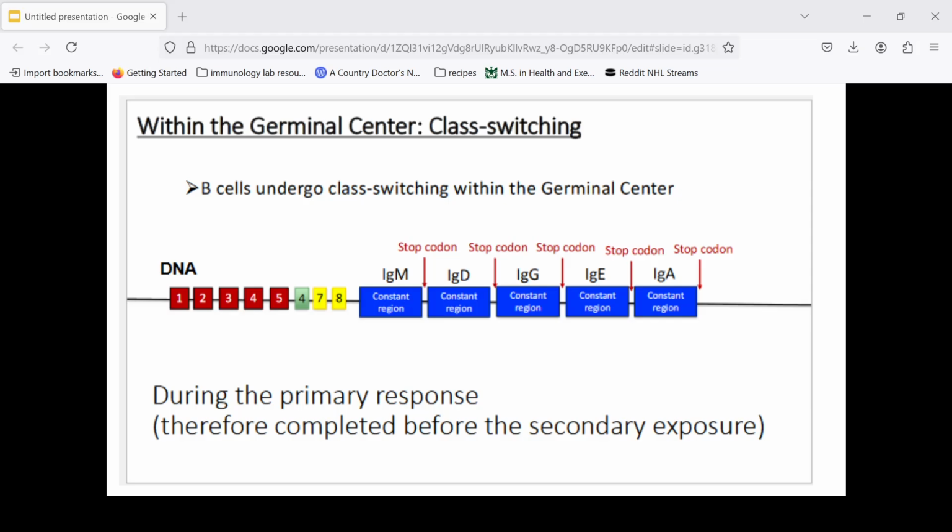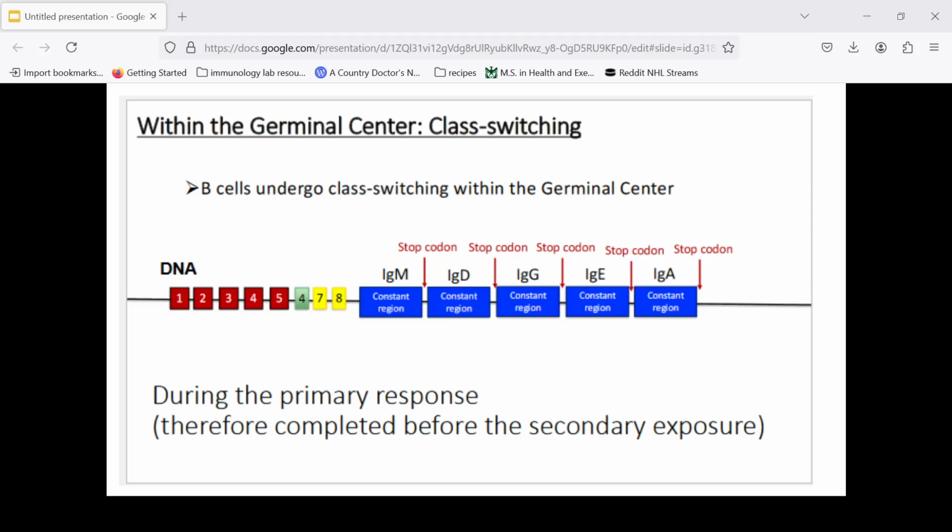She wouldn't ask you something as challenging as that question was, but essentially what we want to understand is that we get modifications to this DNA similar to what we did with VDJ rearrangement, so that any plasma cell that comes out of the germinal center is going to be class switched, and they will all consistently produce that same antibody.